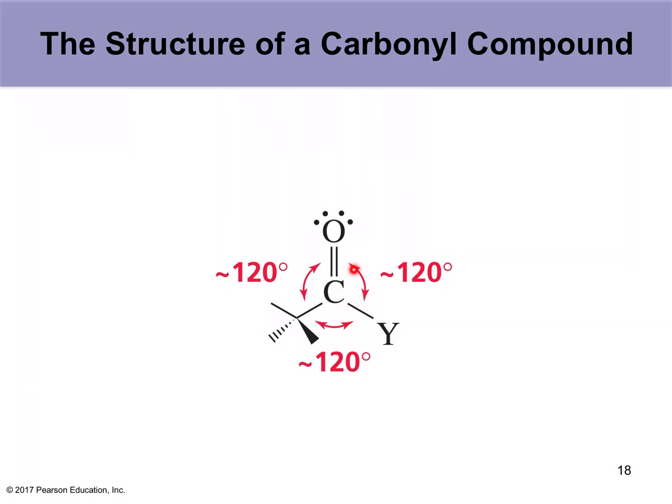Bond angle is about 120. Between these two it's going to be less than 120, since the pi bond, being more electron dense, will make more space here. But don't worry about that. We can consider all of these as 120.